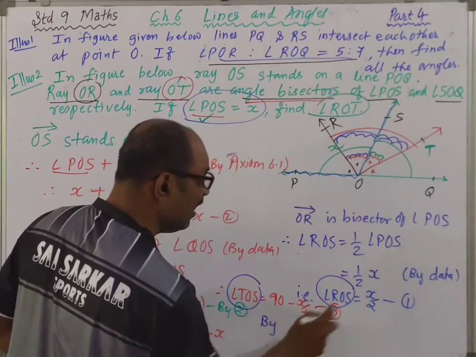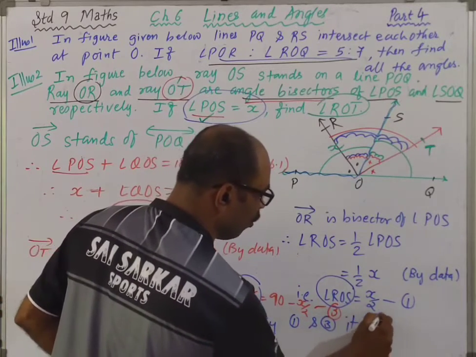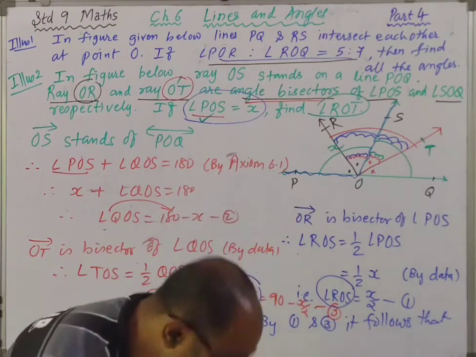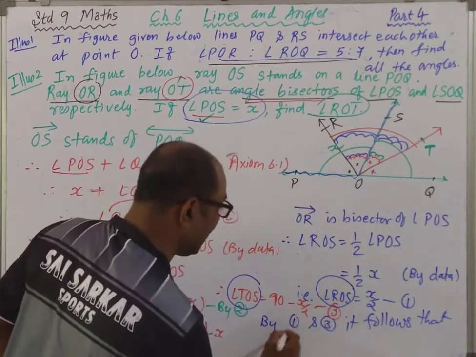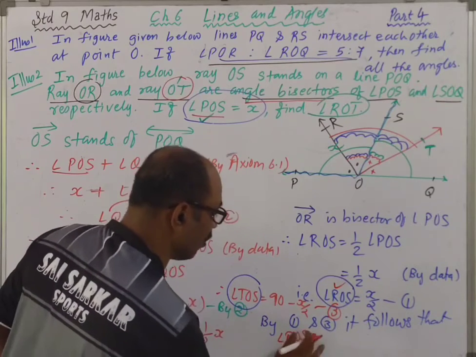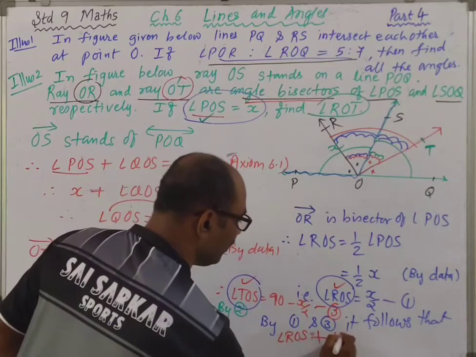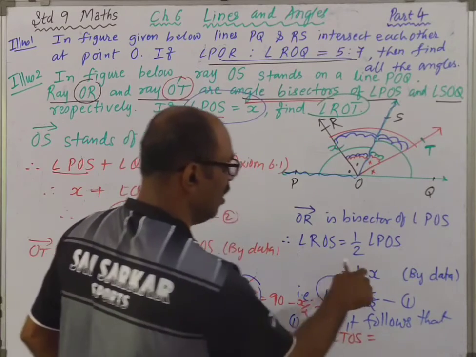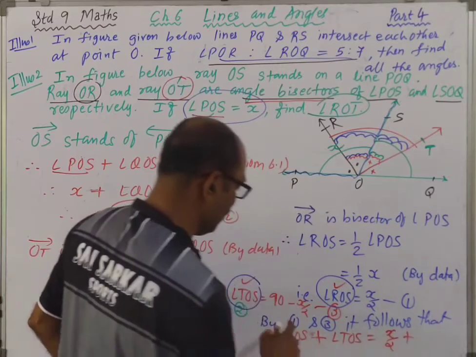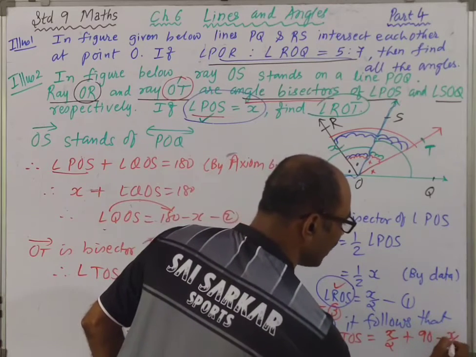So by 1 and 3 it follows that, be careful, in 1 what is the left hand side? This angle ROS plus left hand side angle TOS is equal to right hand side x by 2 plus right hand side 90 minus x by 2.